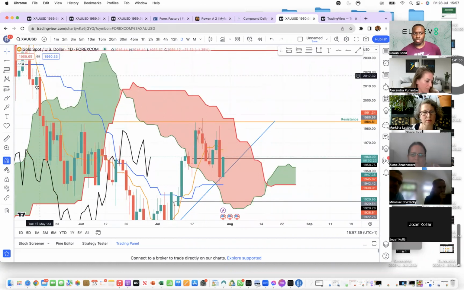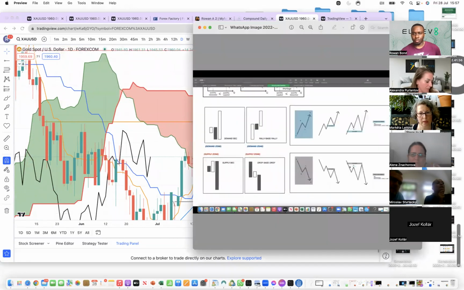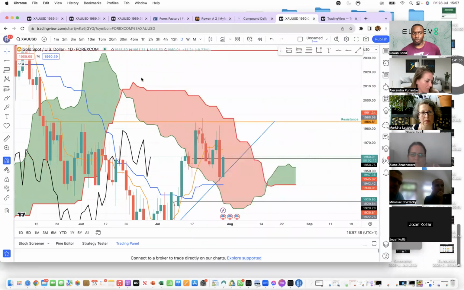For example, this daily pattern, what we call BEC, Brother Engulfing Candle, I'm very interested in when price comes to this zone, because price will sell.